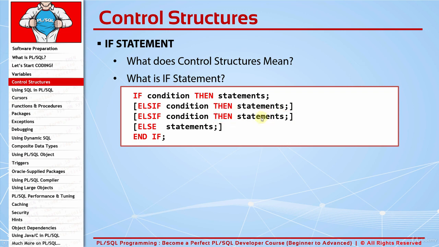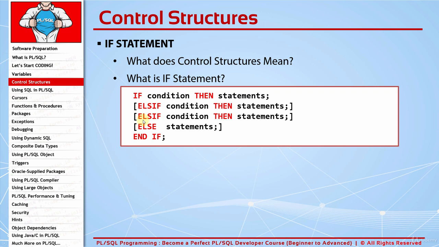You can use as many else if statements as you wish, or you may not use them. It's optional. If there is not any condition that returns true, then the else statement is executed. This can be thought of as default execution. We can say that if none of our conditions return true, the else statement is executed.